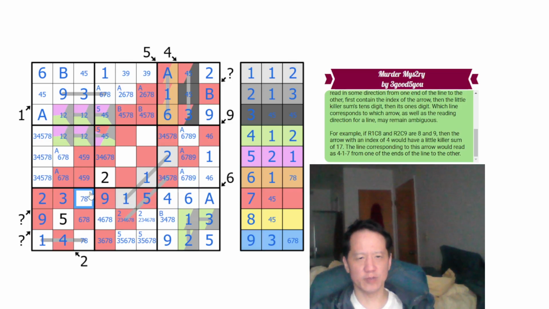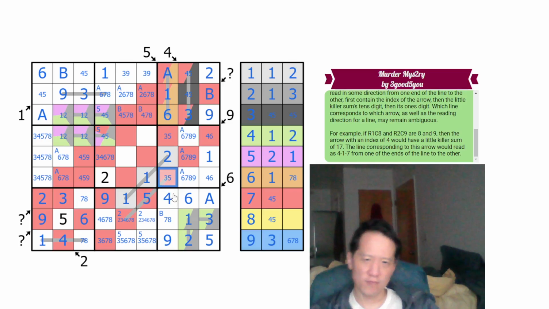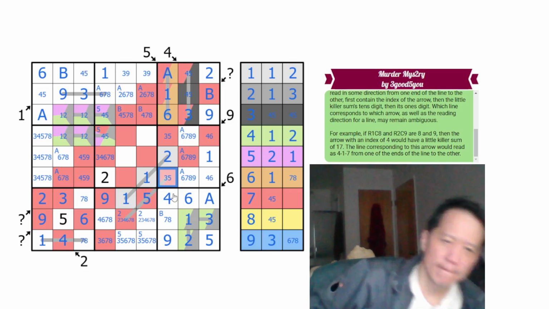This would have to be B. This would be a 6. Then in that case, this would be specifically B. This would be B. And one of these would be B. This would have to be specifically 3 and 5. Oh, that's interesting.